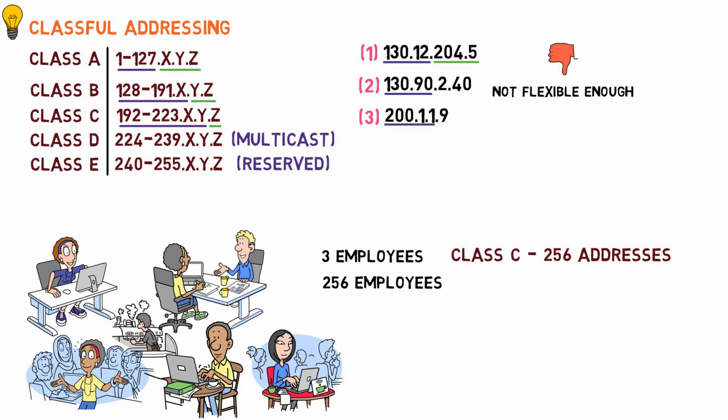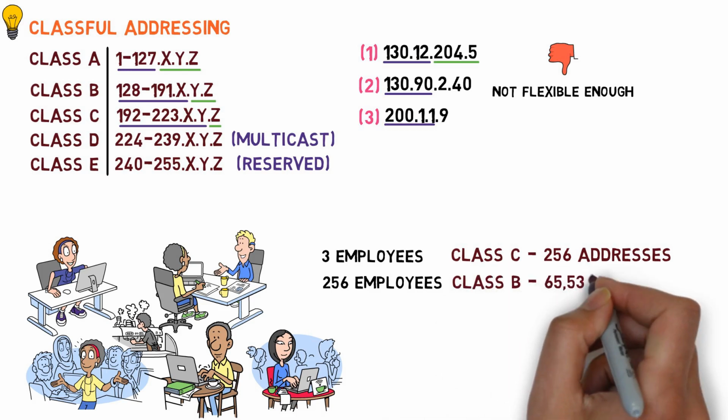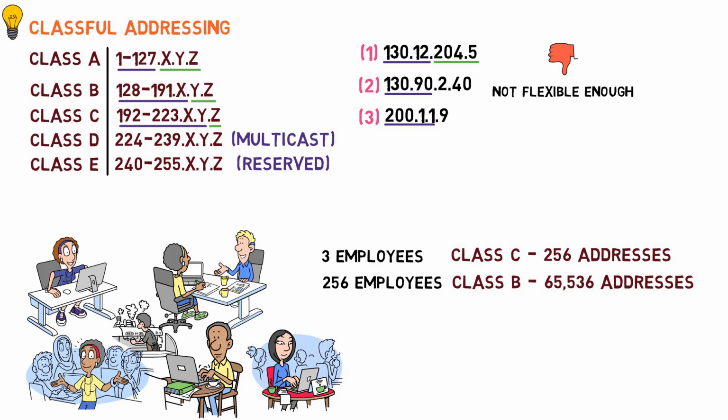At this point, what kind of address do I need to get since I want all the devices in my company's network to share the same network ID? Well, I need to get a class B address, giving me no less than 65,536 addresses, when all I need is just a bit over 256 addresses. This means a waste of more than 60,000 addresses.